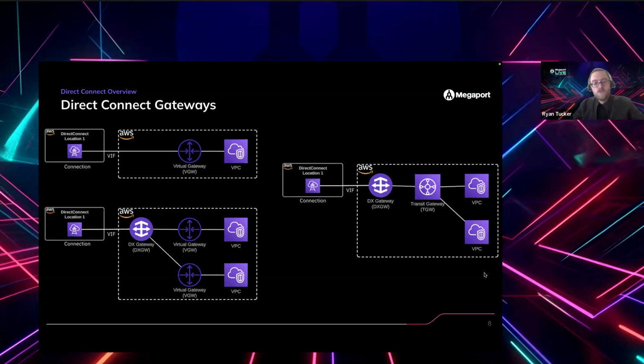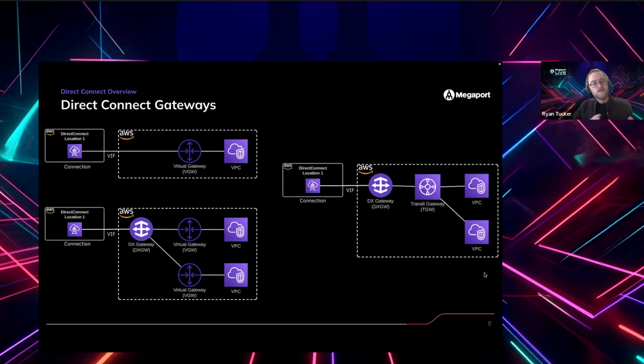So this means you can use your one direct connect VIF to connect into up to 10 VPCs. So it simplifies things a lot. It means you don't have to have separate direct connect, separate VIF, separate everything for every single VPC. You can have this gateway in the middle, and it can manage routing between potentially multiple direct connections, VIFs, and potentially up to 10 VPCs.